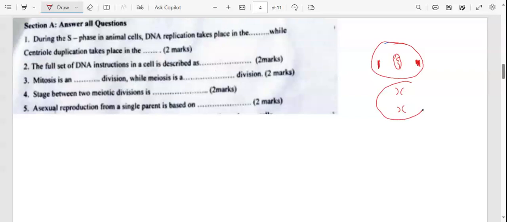So the DNA replication occurs within the nucleus. We'll say DNA replication will take place in the nucleus. Then the replication of the centrioles, you can see they are not in the nucleus, but they are just flowing in the cytoplasm. So we'll say this one will take place in the cytoplasm.